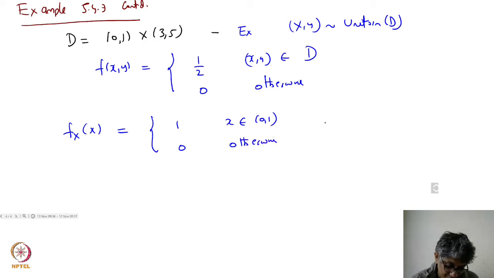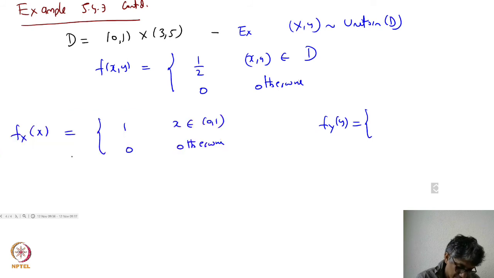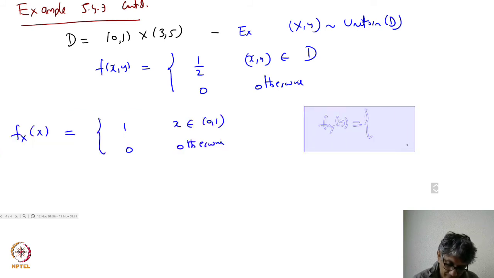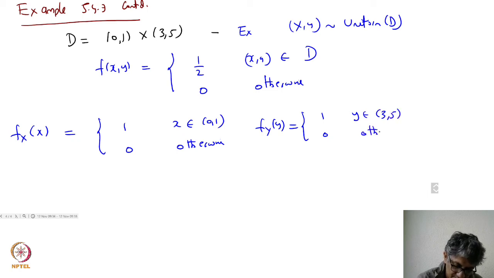And f sub y of y is going to be 1 half if y is in 3, 5 and 0 otherwise.